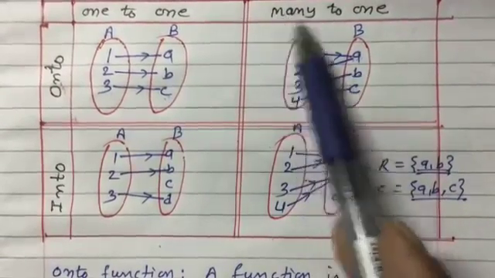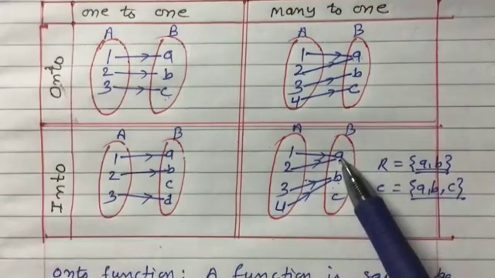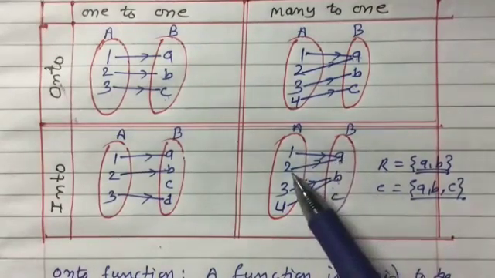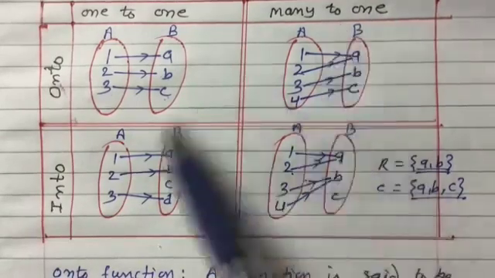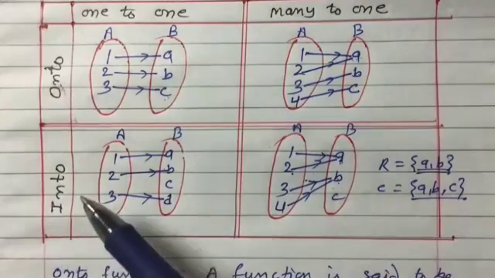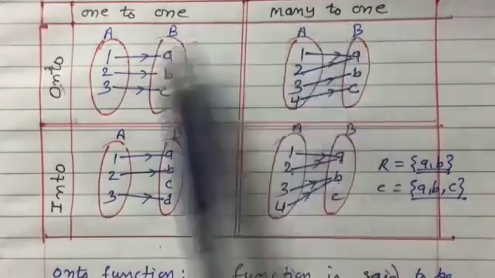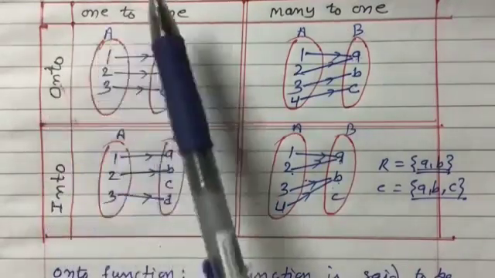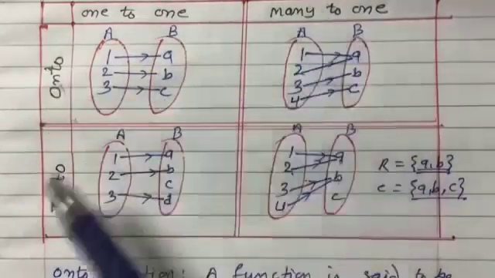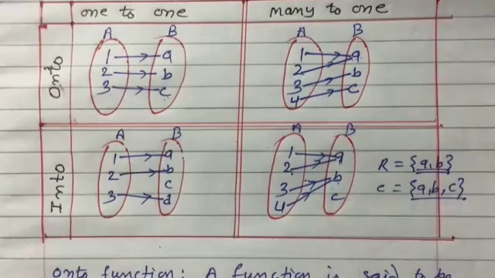A function is said to be many-to-one into function if at least one image has more than one pre-image and range is a proper subset of codomain. In this way we can define all four types of function, singly or in combination form: one-to-one onto, one-to-one into, many-to-one onto, many-to-one into. Just combine two definitions and you will get the combination definition also. Thank you for watching this video.